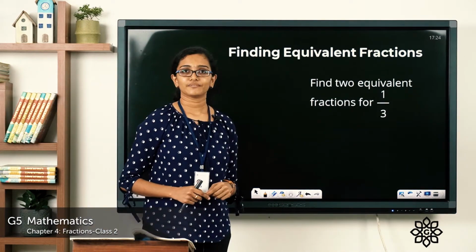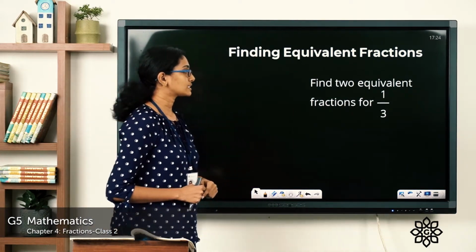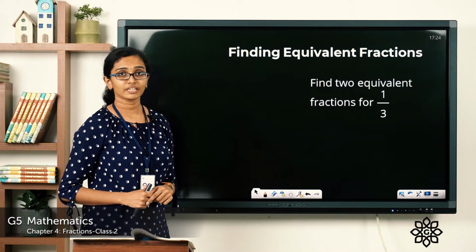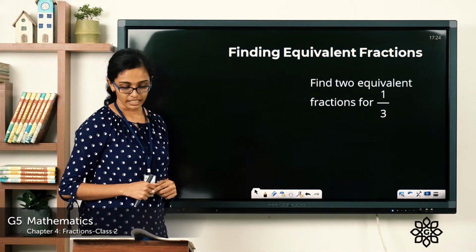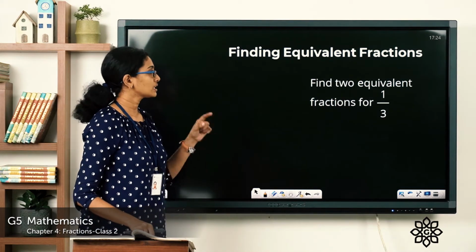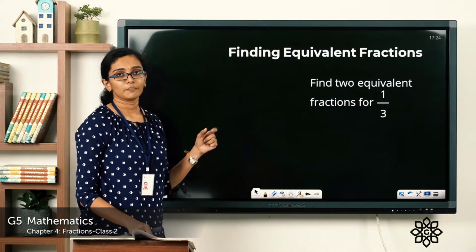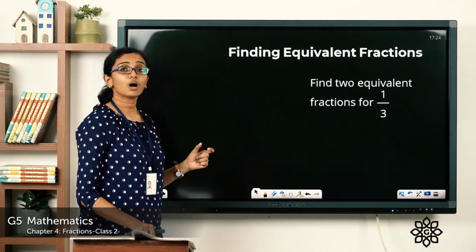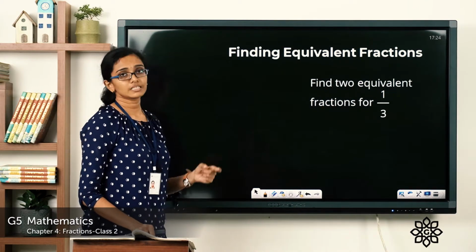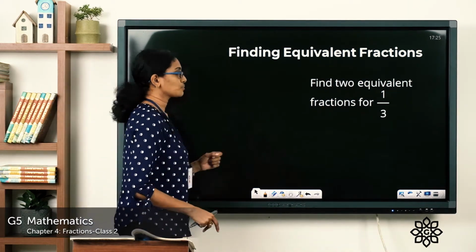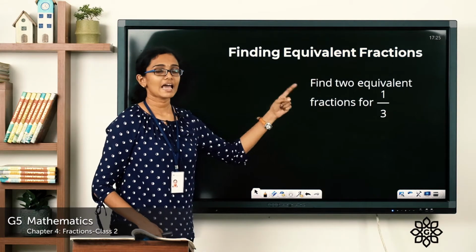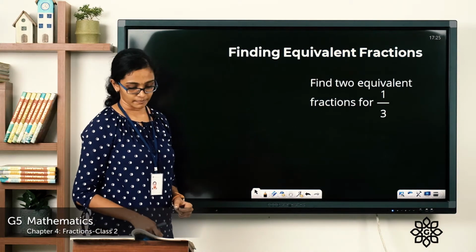Find two equivalent fractions for 1 by 3. So, what is the fraction that we are given here? 1 by 3. So, we are going to find a few equivalent fractions possible for 1 by 3. So, let's see how we can do that with multiplication. So, I am going to multiply both the numerator and the denominator by the same number.